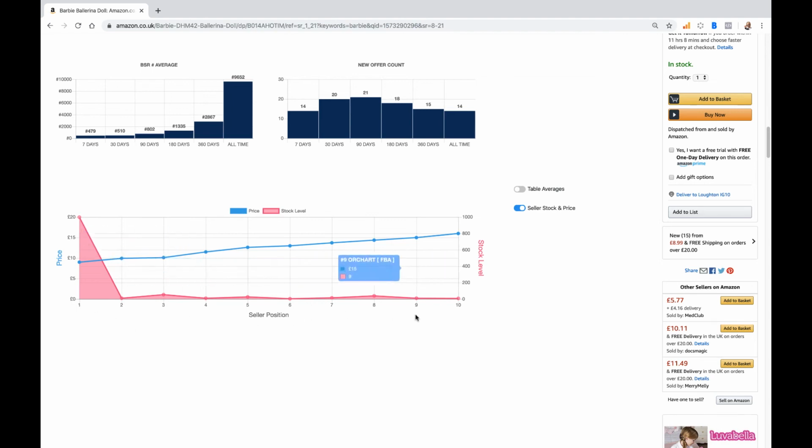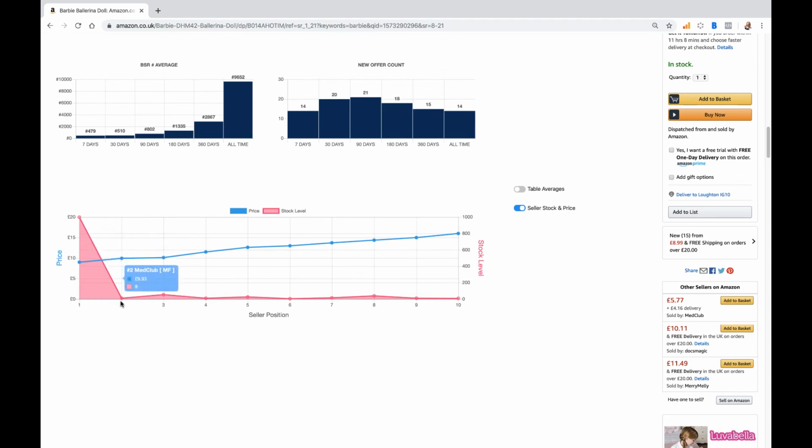So this is the seller position on the bottom axis. On the right hand side, you've got the stock level, and on the left hand side, you've got the price. So it's very easy to see who's got what in stock very visually and very quickly, and you can just hover and get exactly the information that you need about how many people have got in stock. And as you can see from this one, Amazon have got 999 in stock of this product.